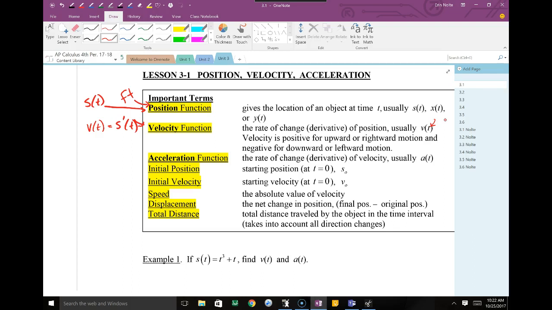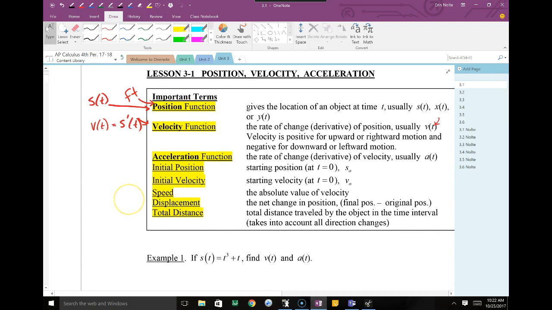Feet per second, there it is. So velocity is measured in feet per second, or potentially meters per second, or miles per hour, depending on what you're working with.